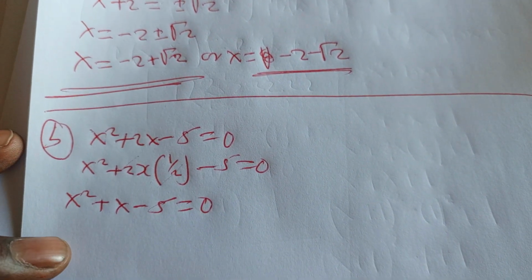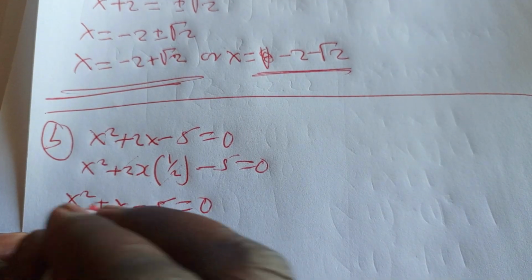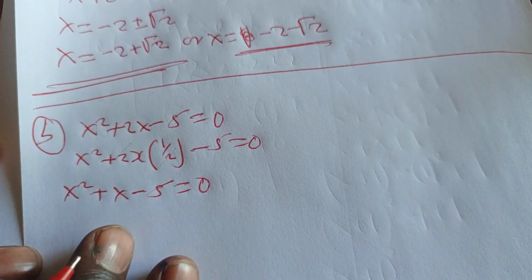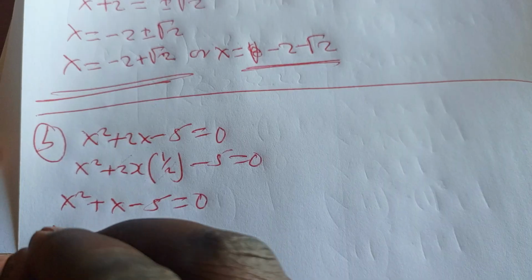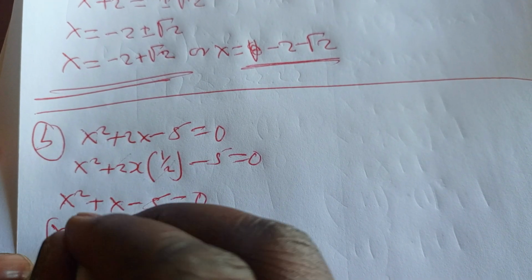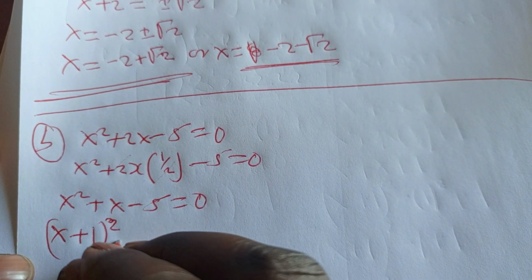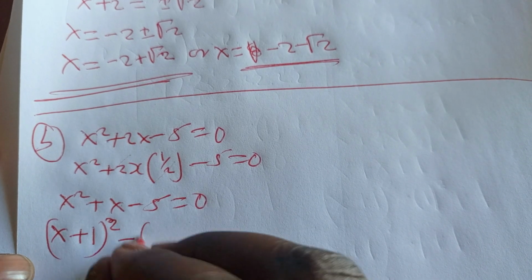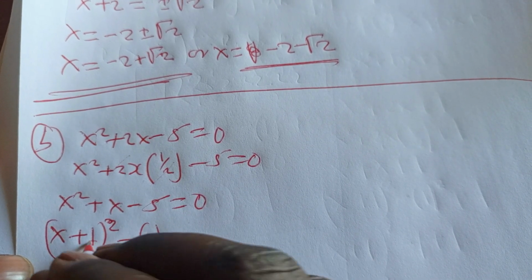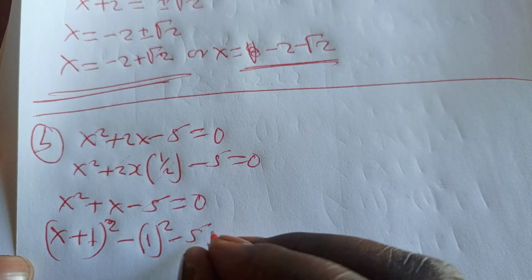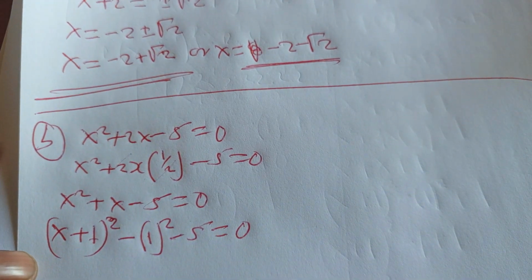Then from here, I'll complete the square now, so the x needs to be reduced. So I'll write x plus 1 here then square, then minus, which is 1, this one now here squared, minus 5 is equal to 0.